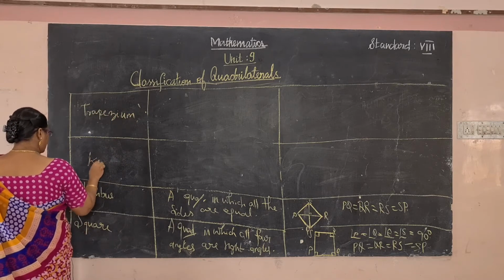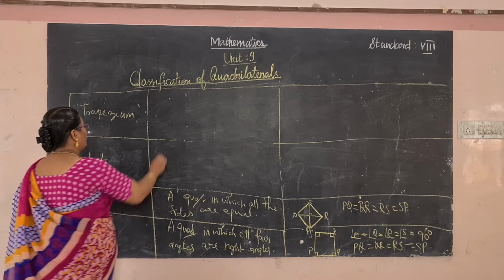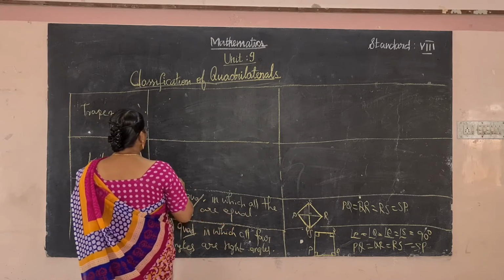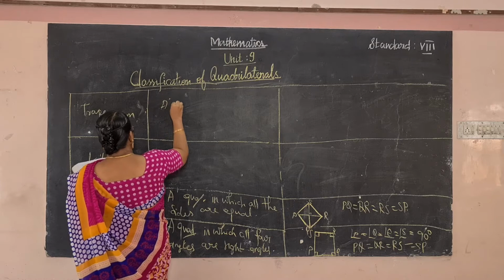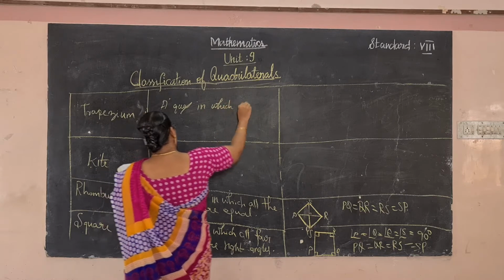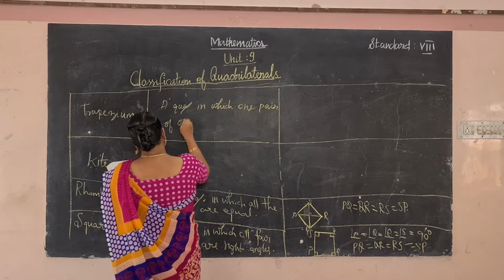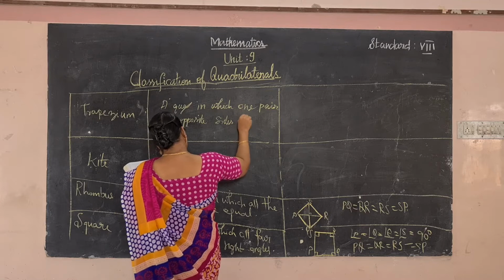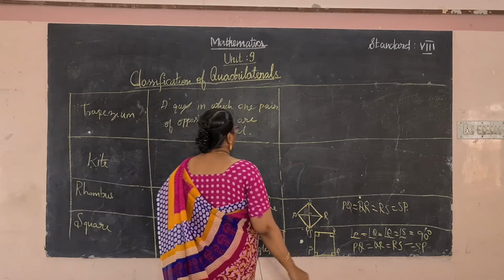So trapezium is a quadrilateral in which one pair of opposite sides are parallel and one pair is not parallel. So that is the meaning. A trapezium is a quadrilateral in which one pair of opposite sides are parallel. Okay, so trapezium.